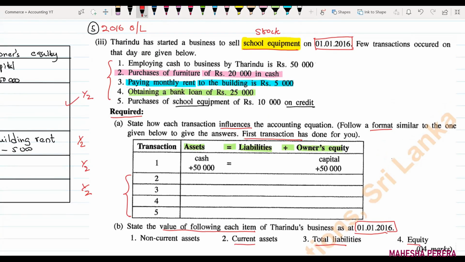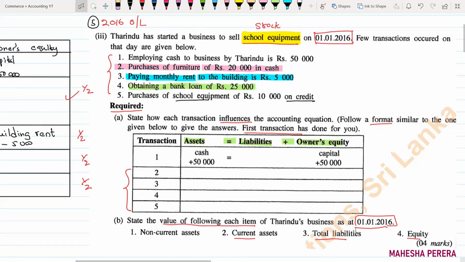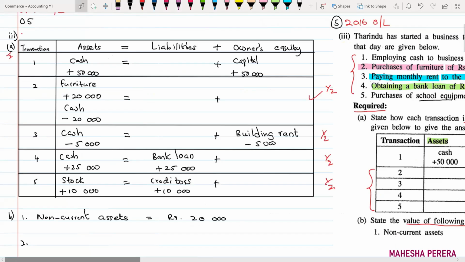Okay, so let's find out the first answer, the non-current assets value. Now, when you pay your attention to the column assets, you can see the assets of this business. Cash, furniture, then you have stock. So out of these assets, what are the non-current assets?